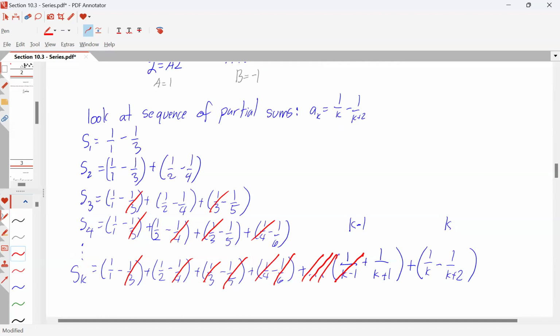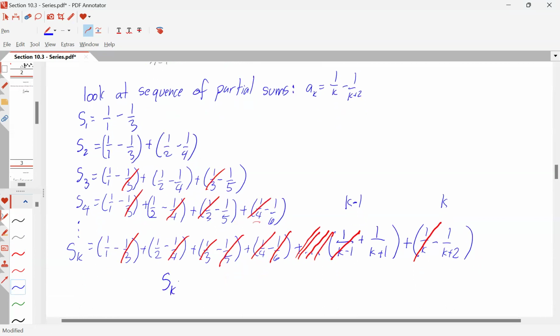If you notice, it's the first part of the last terms that get canceled with something inside that dot, dot, dot. So S sub k, after everything cancels away, is 1 over 1 plus 1 over 2. Everything else goes away until, minus, sorry, that should be a minus there: minus 1 over k plus 1 minus 1 over k plus 2.